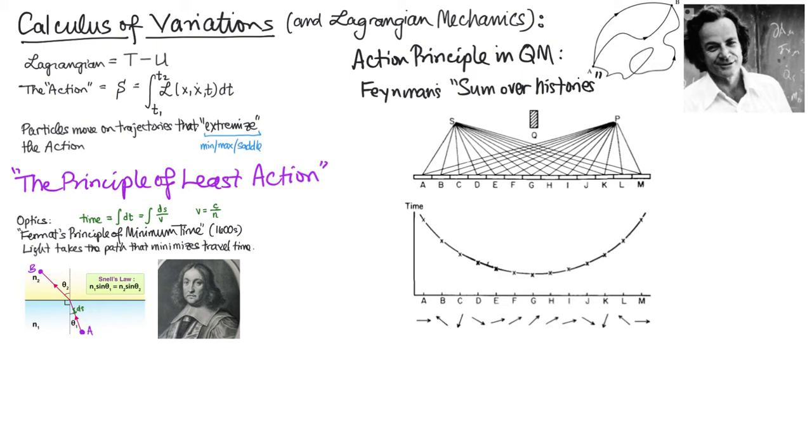And here is that plot, right? The longer paths, like the paths that go via A and via M, take more time, and the arrows for those paths point in the same direction as each other, and in a different direction than all of the other paths.